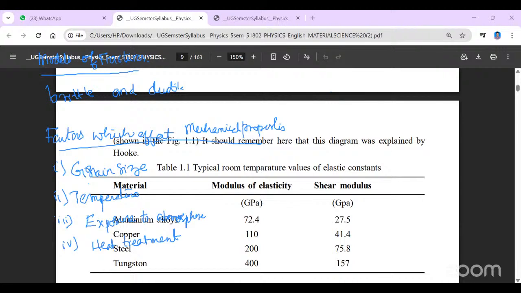So if you want to improve all these properties, we have to perform the heat treatment. And one more property which will affect the mechanical properties is carbon content.